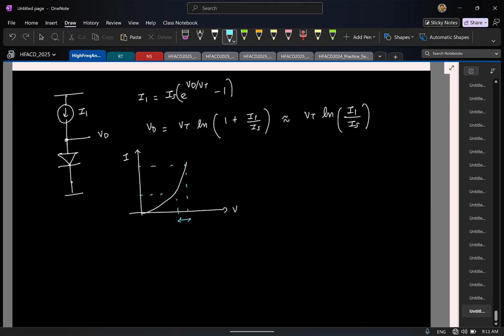So it's a decent reference. And you can also look at it from the equations. The current is actually getting passed through a log function. Log is a compressive function or expansive function? Compressive. So which means even if there is a lot of change in the current I1, that is sort of compressed by this function. So the voltage does not change.